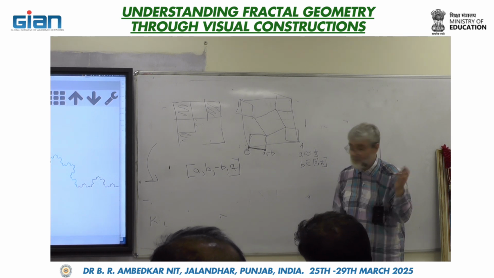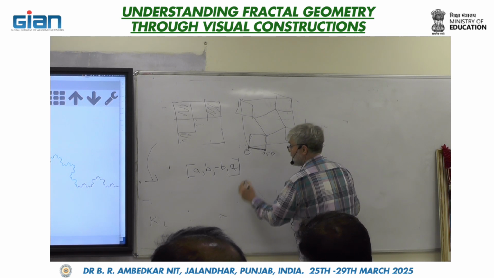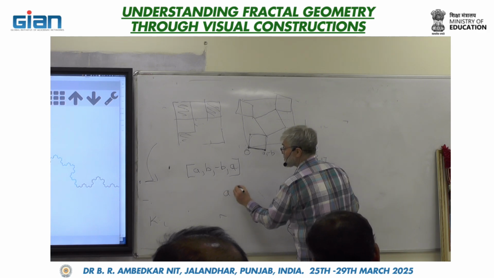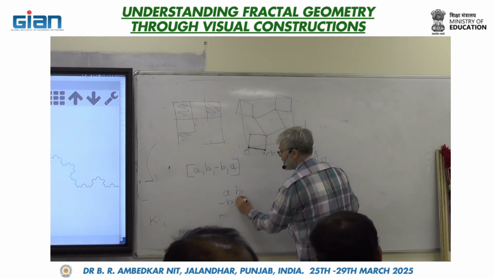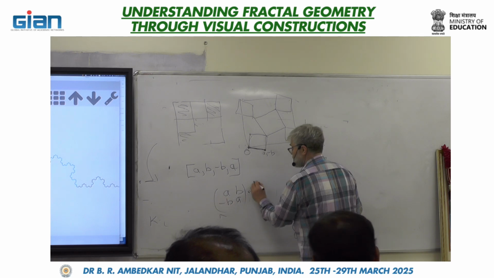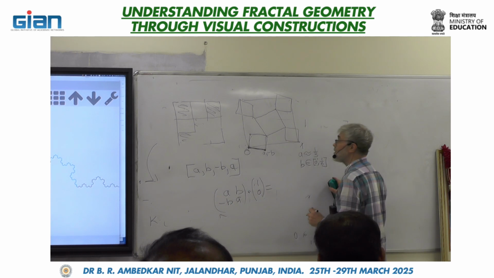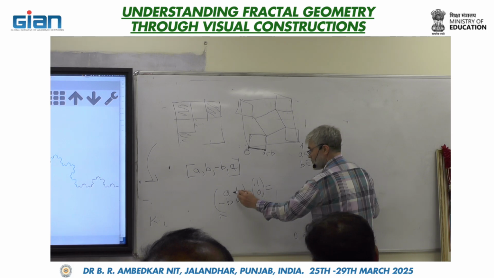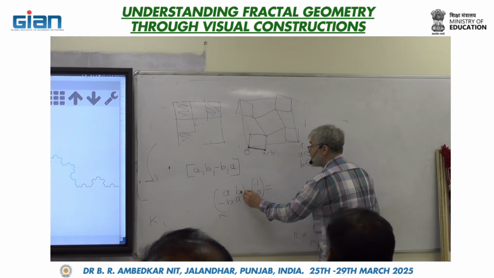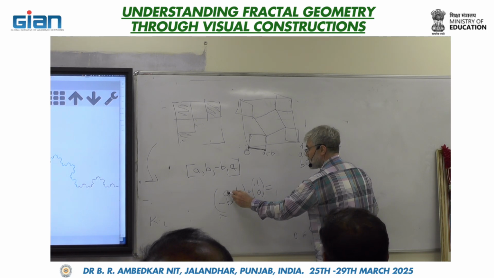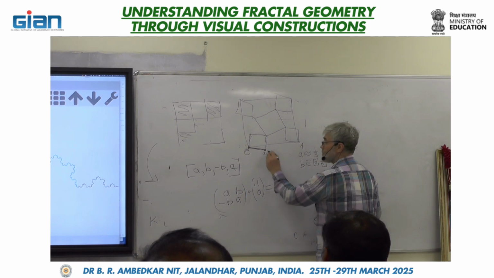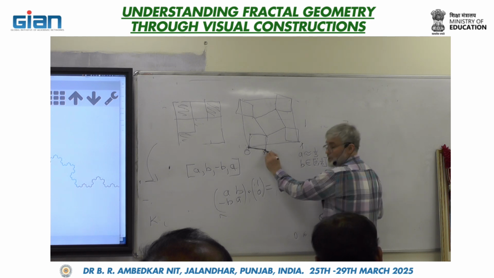Can you check this? Let us consider. If you have this matrix A, B, minus B, A, and apply it to the vector 1, 0, what do you have? No. A minus B. So this vector goes here, right?